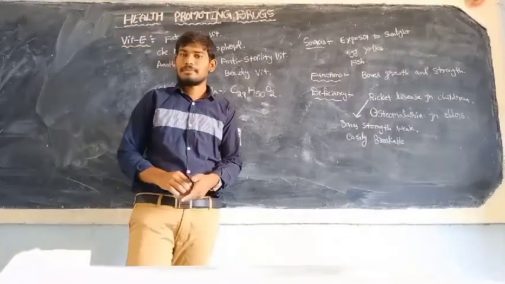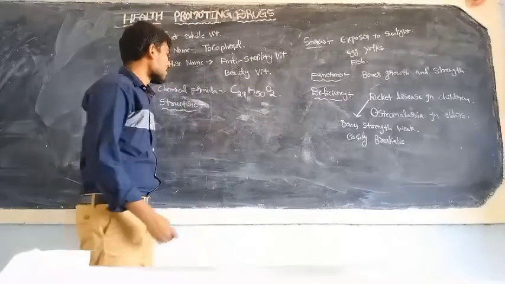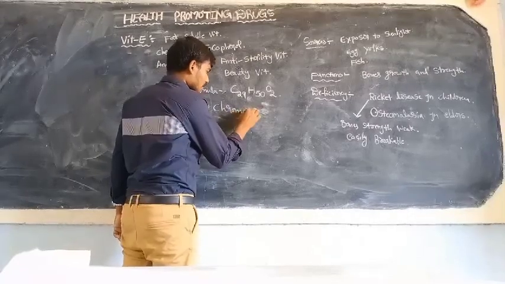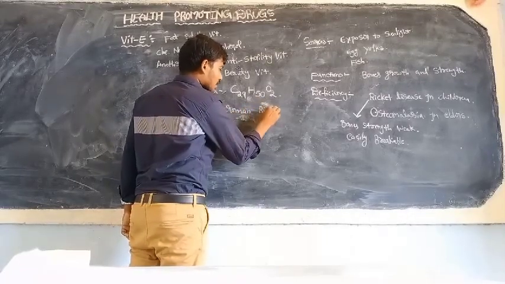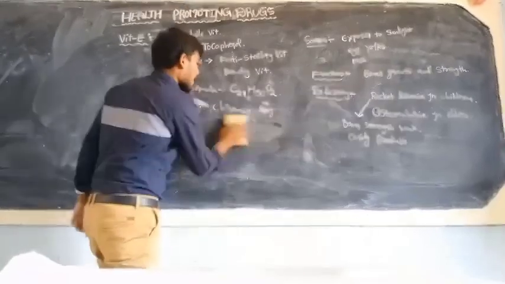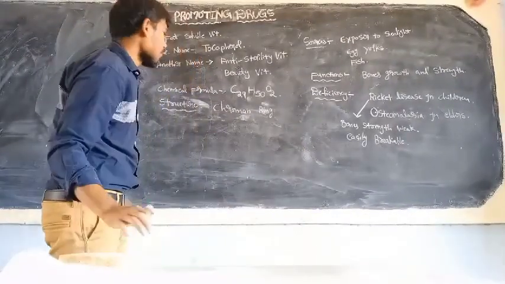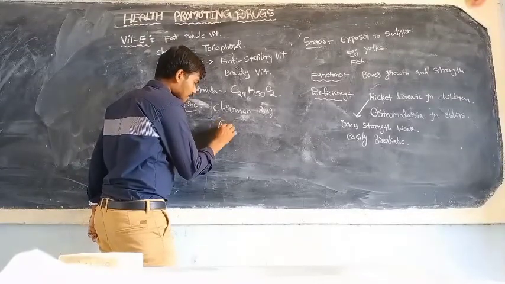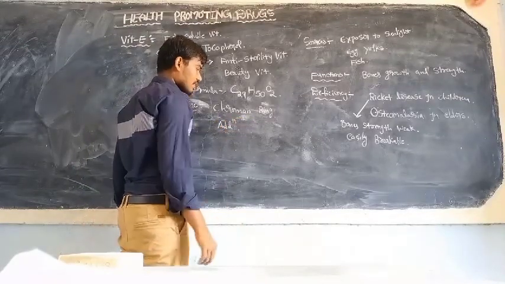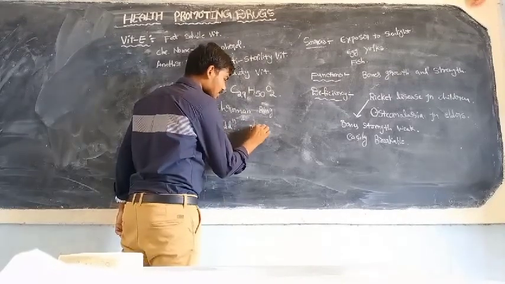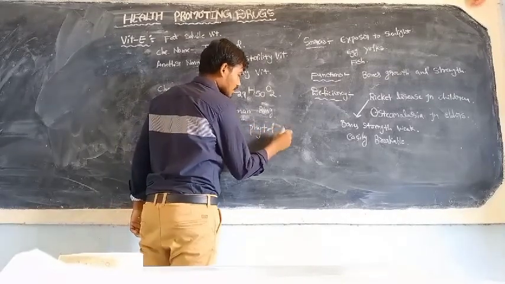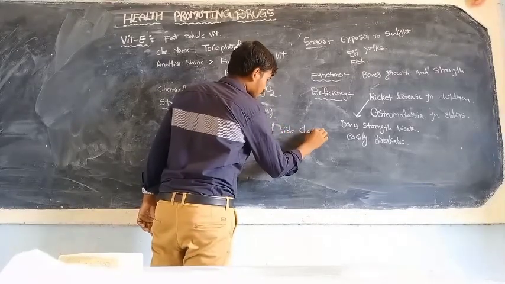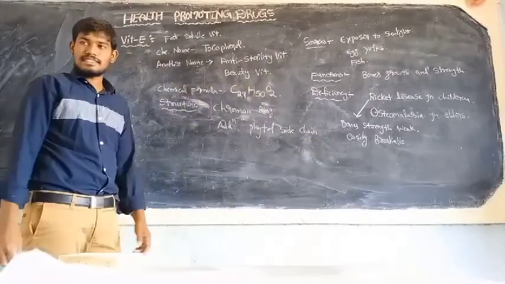The structure of vitamin E contains a chroman ring with an additional side chain.